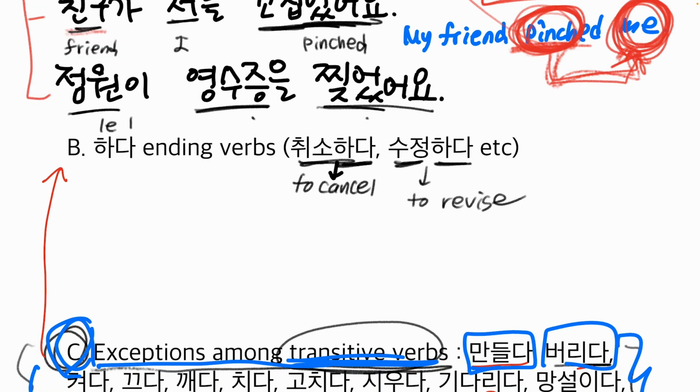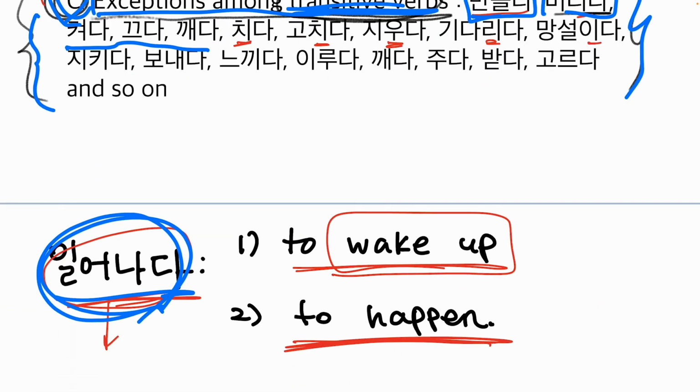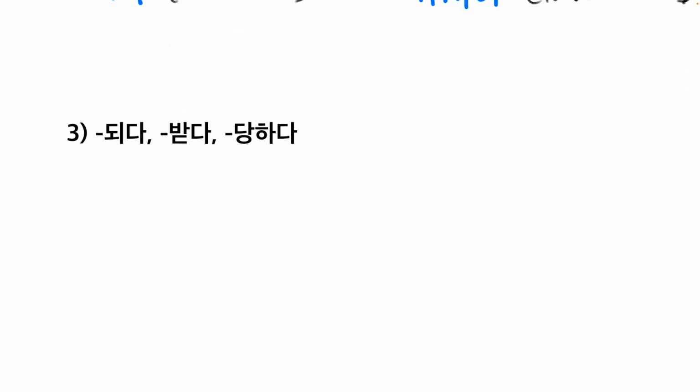And now, finally, let's learn how to change 하다 ending verbs into its passive form. So that's where rule number 3 kicks in. So 하다 ending verbs, guys, can be turned into a passive form by changing 하다 into either 되다 or 받다 or 당하다.